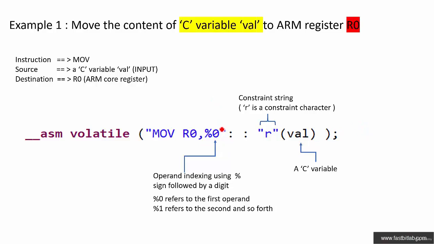In our case, we don't have any output operand, that's why you have to leave that space empty here. And we have only one input operand. That's why the compiler will replace this by the first operand, which it finds in either the output operand list or the input operand list. That's how you should write this.